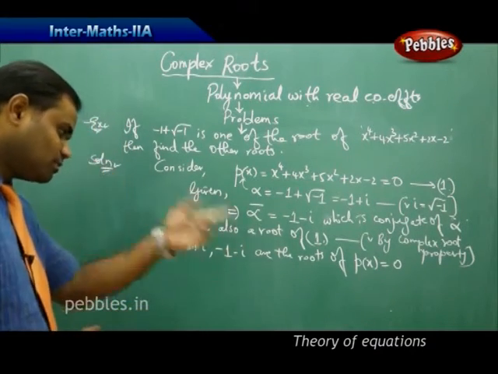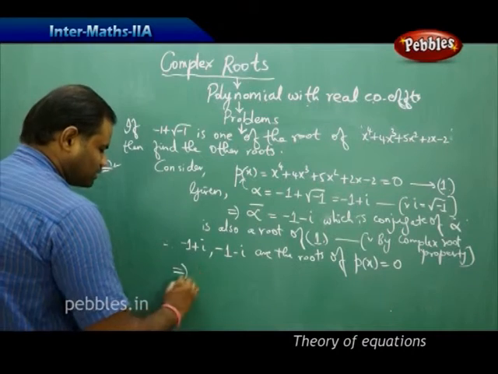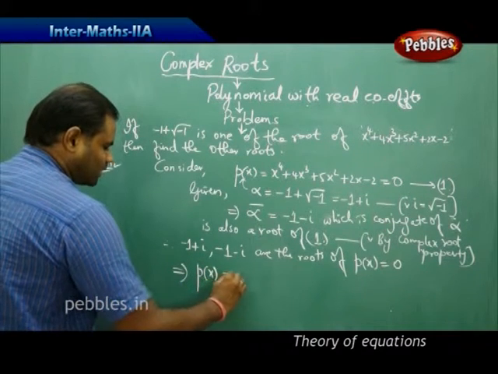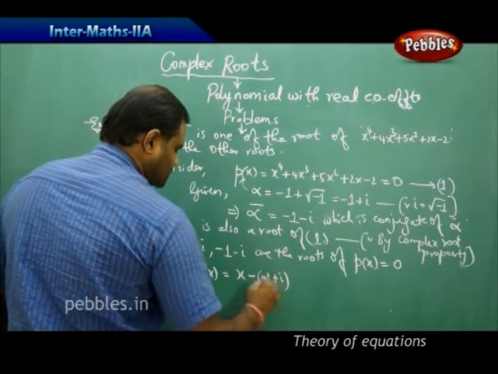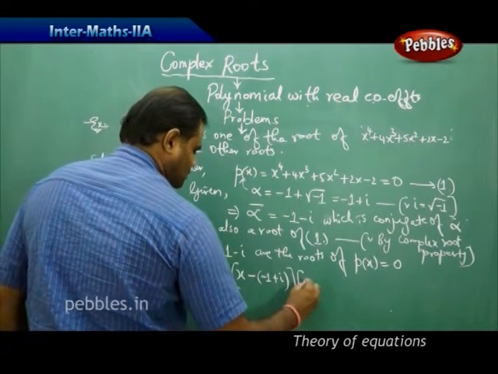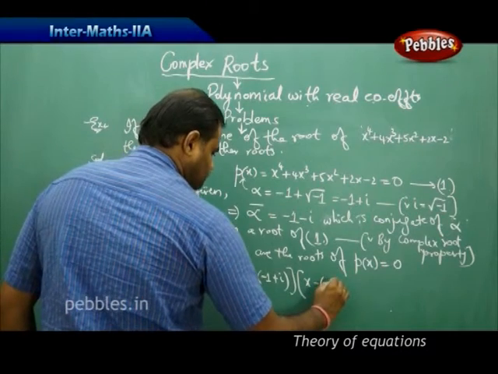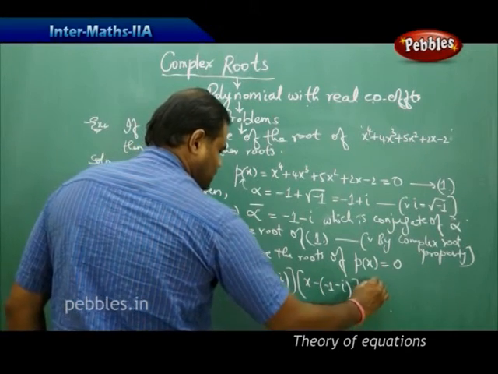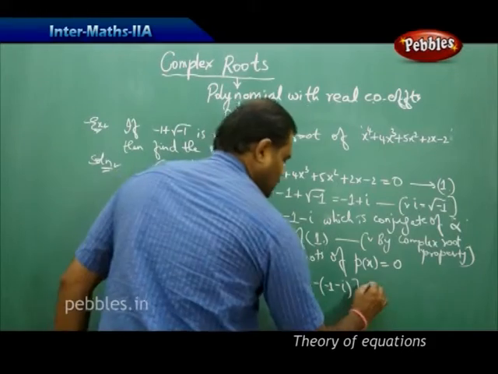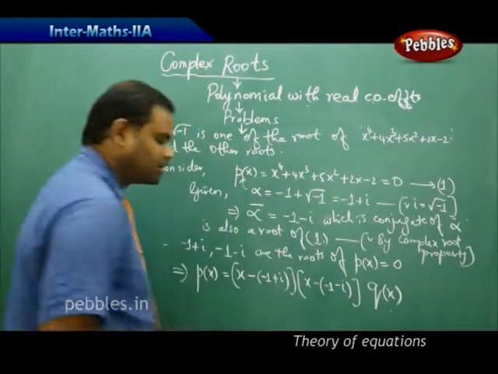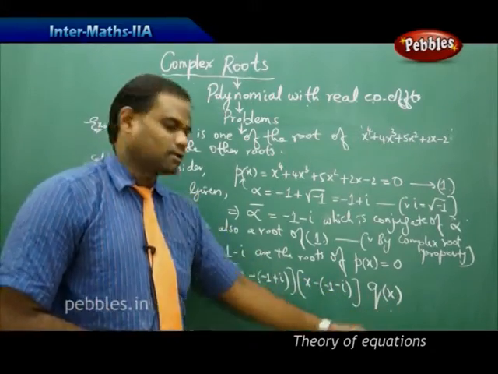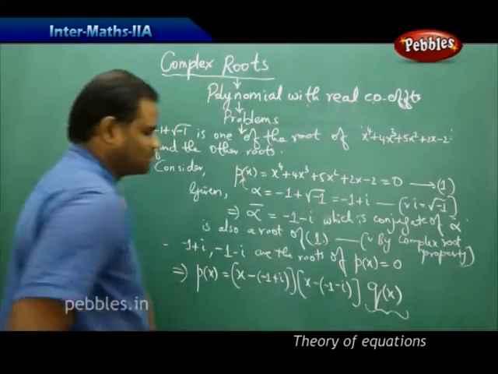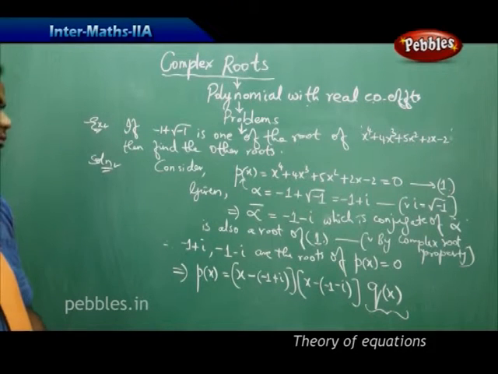When these 2 are the roots of p of x equal to 0, that implies I can write p of x as x minus (-1 plus i) and x minus (-1 minus i) times q of x, because the degree of p of x is 4. So these 2 are the factors, where the other 2 factors are given by q of x. So I need to find q of x in the next concept.